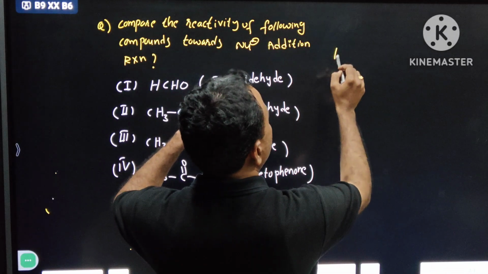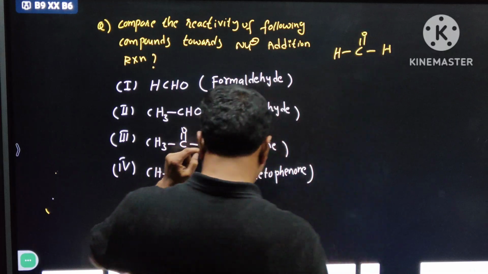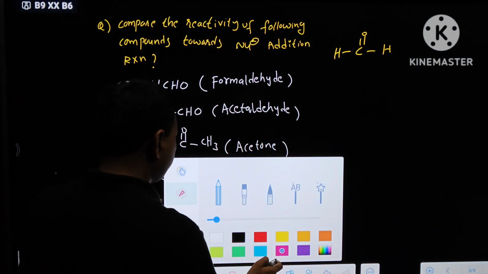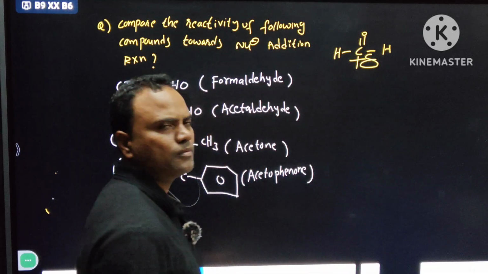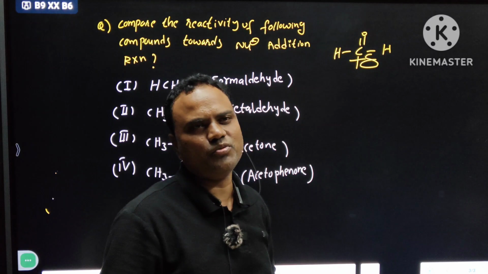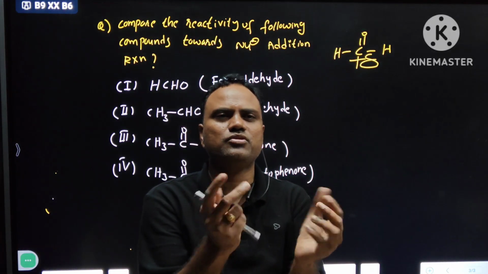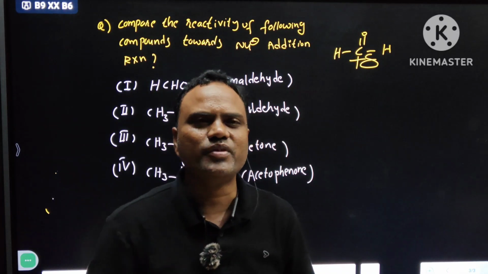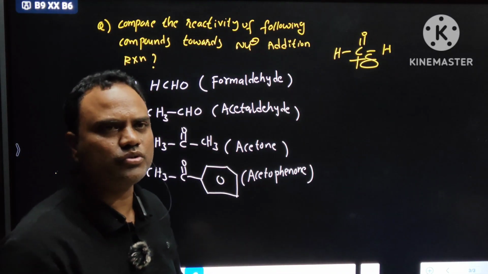Let us take formaldehyde, H, double bond O, H. See, I am writing the positive charge magnitude here. Very large positive charge is present because there is no plus I group, and the groups are also very small, H. So the steric hindrance is also very less. So formaldehyde is readily reactive towards nucleophilic addition.